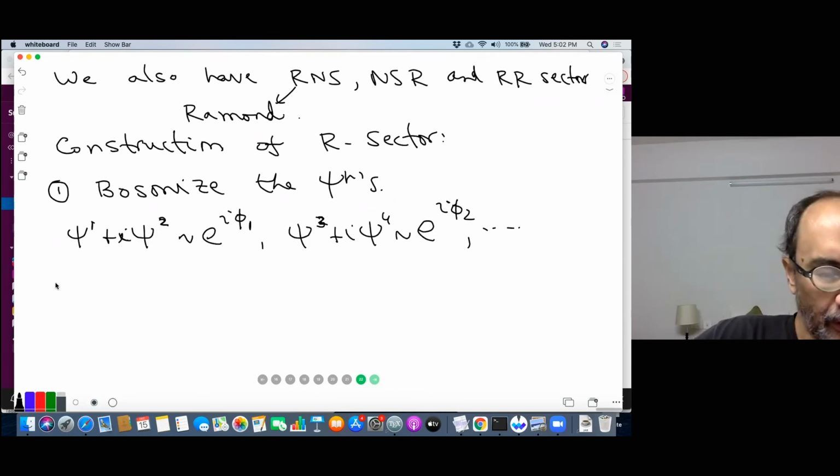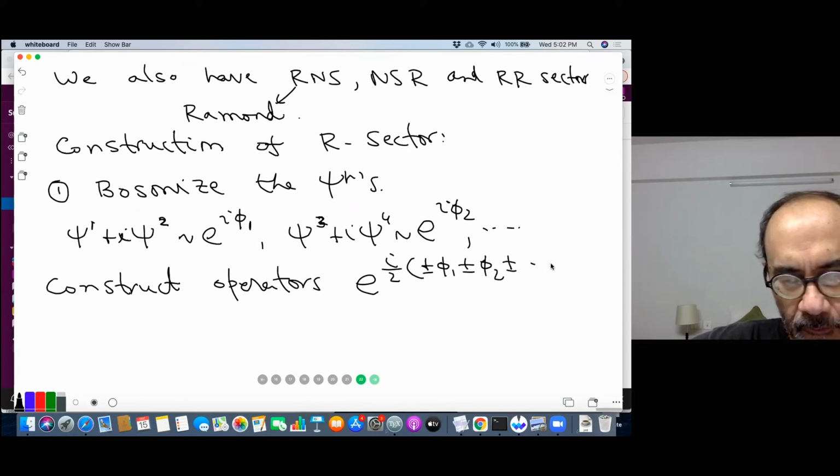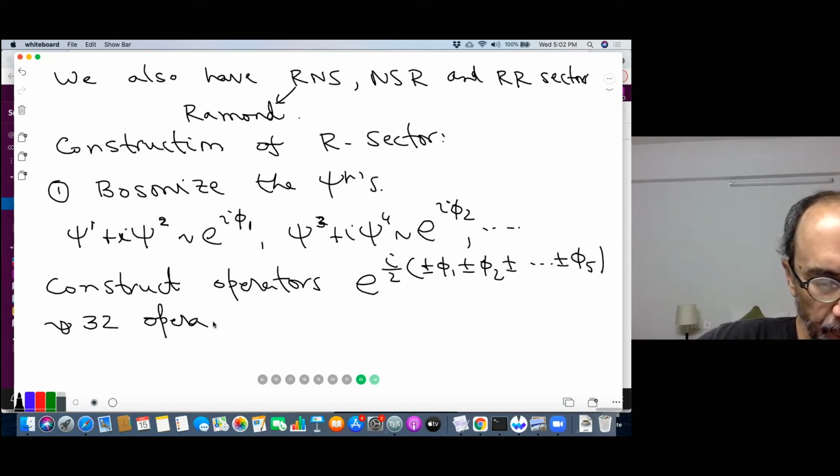And then we construct what are called spin fields: e to the power i over 2 of plus or minus phi 1, plus or minus phi 2, up to plus or minus phi 5. So there are 32 such operators, because you have 2 to the 5 choices of the signs.